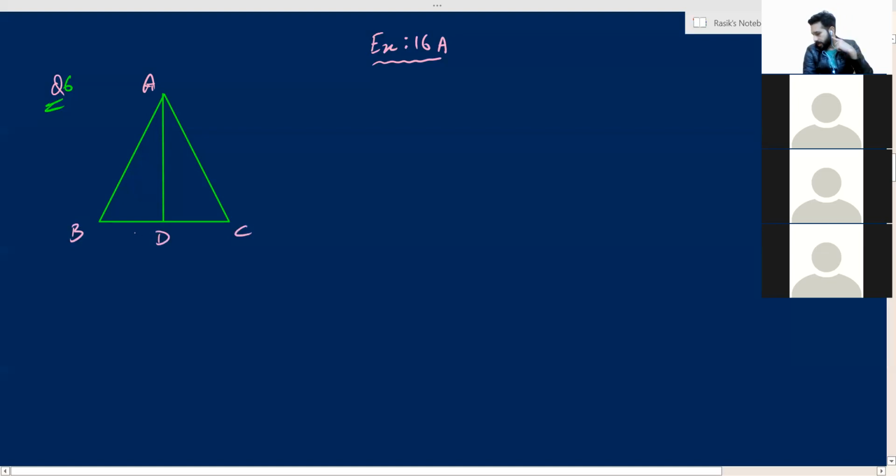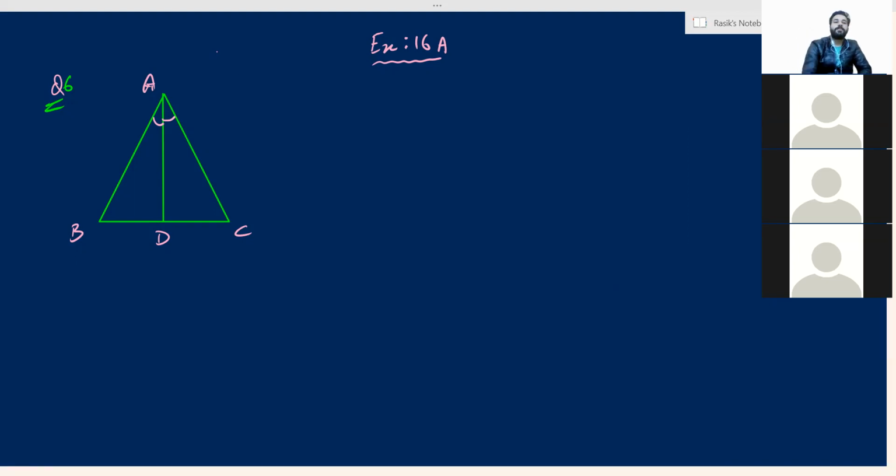In the adjoining figure, ABC is a triangle in which AD is the bisector of angle A. What is the meaning of the word bisect? Cutting in two equal parts. I have told you so many times before, bisect means not only cutting, but cutting in equal parts.